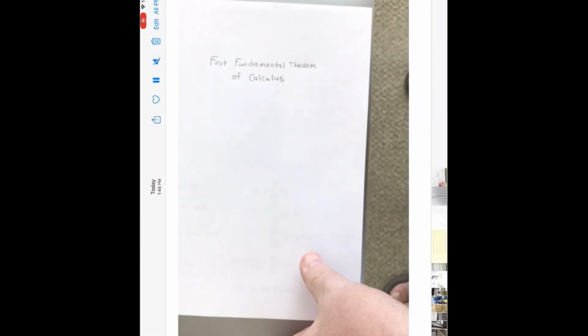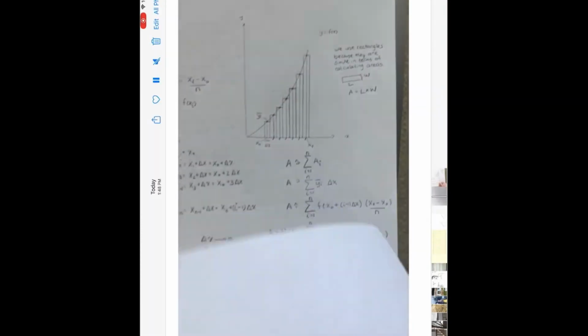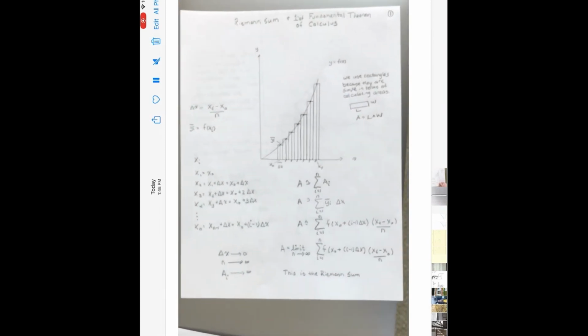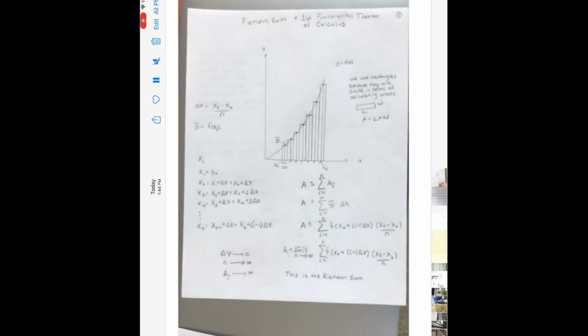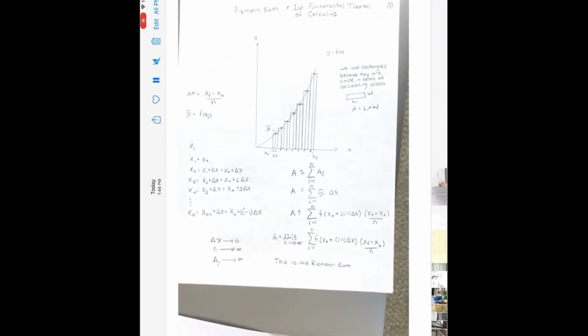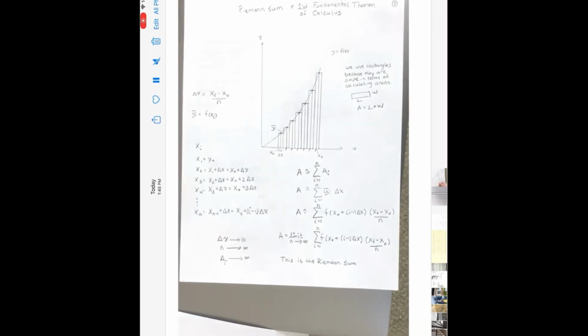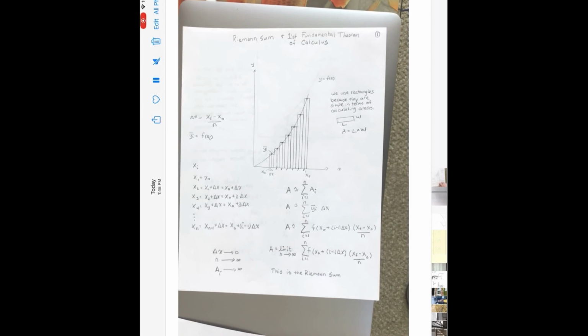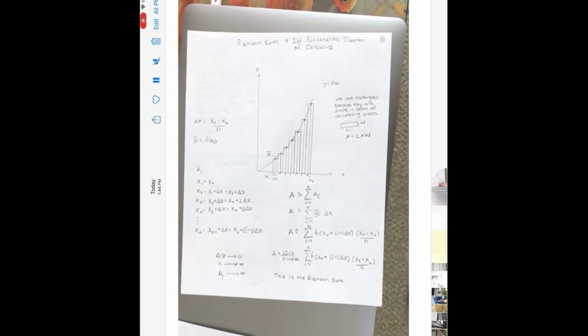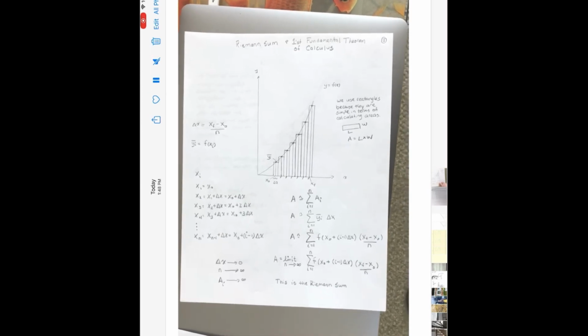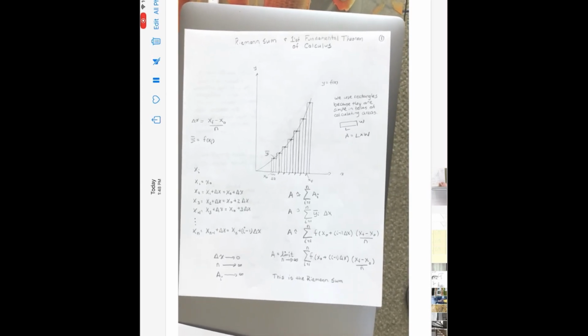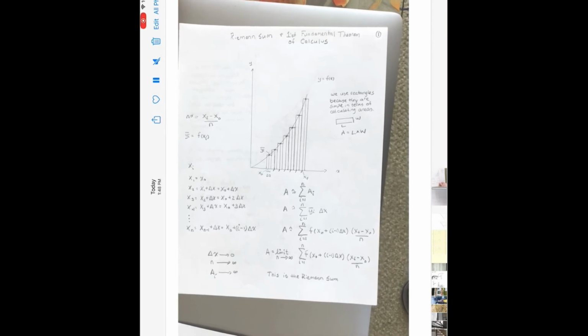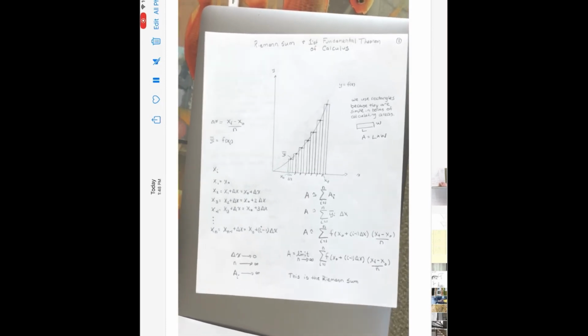So in this segment here, I have a methodically derived proof or demonstration of the equivalency between the Riemann sum and integration. And this connection to integration is also a mathematical connection to derivatives, because really integration and derivatives are the flip side of the same coin.